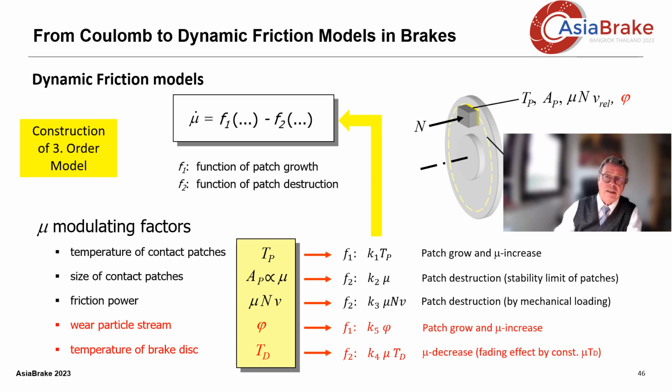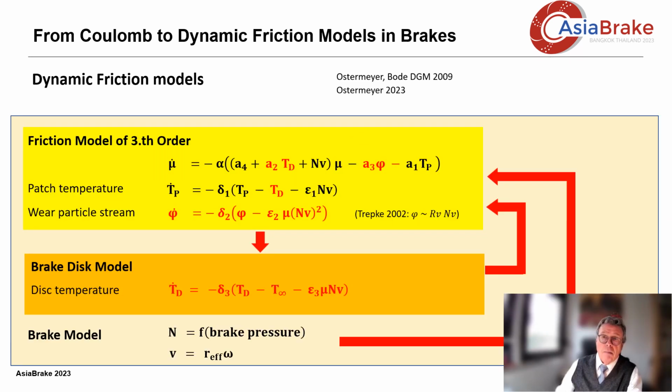Here you can see the assigned influences which decide whether the quantities belong to the function f1 or to the function f2. Thus, an equation for mu dot can be set up, but one must also consider, of course, the dynamics of the quantities themselves. Balance equations have to be set up for these variables too. So you can see that the equation for the patch temperature now naturally includes the disk temperature.